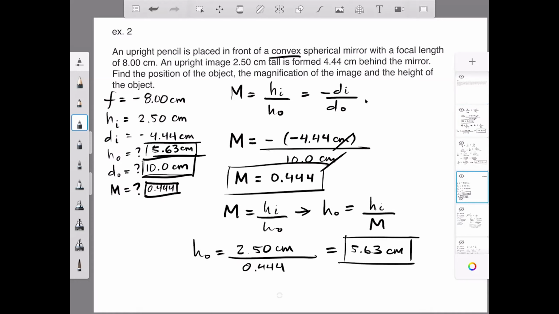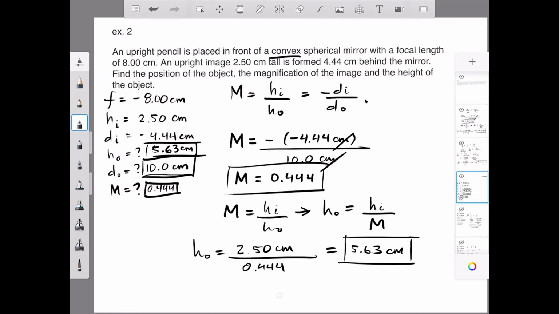So you place a 5.63 centimeter tall pencil in front of your convex mirror. If you place it 10 centimeters in front of the convex mirror, due to the magnification of 0.444, it will appear to be 4.44 centimeters behind the mirror and 2.50 centimeters tall.